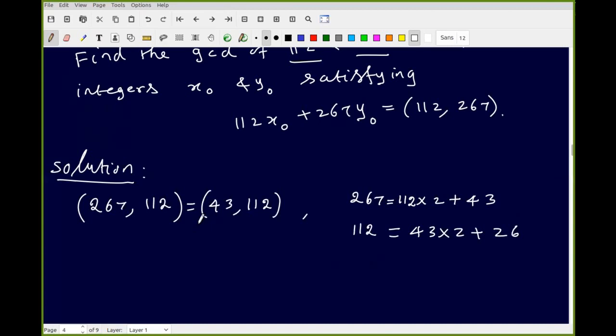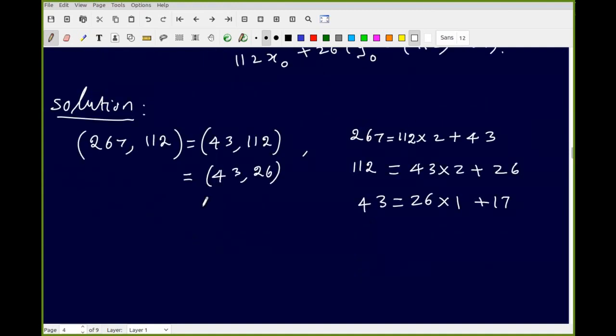Okay, so based on this division, the 112 is replaced by the remainder 26. Next one, 43 is divided by 26. Only one time: 26 plus 17 is 43. So 43 is replaced by 17.